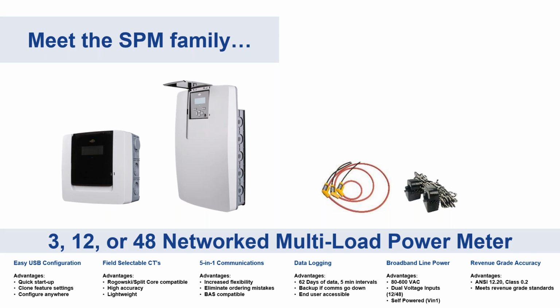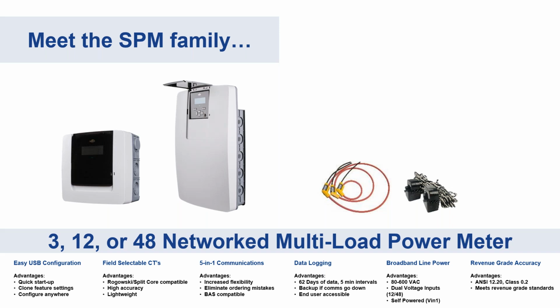Data logging up to 62 days of data at 5-minute intervals, and that data is retained through a power cycle and available for backup if communications between the energy management system and the device ever goes down. So we can resync and pull that data back out because it's retained in the meter itself.